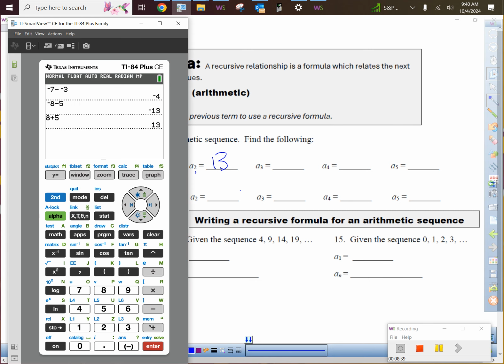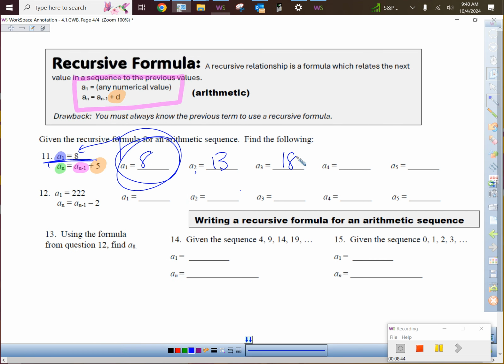So if I hit plus 5, it would do that for me. Did you see I'll get 18 back in that situation? To find the fourth term, I need to take the previous term, which was 18, and add 5 to it. That would be 23. And then if I want to find the fifth term, I got to take the previous term and add 5 to it and be 28.